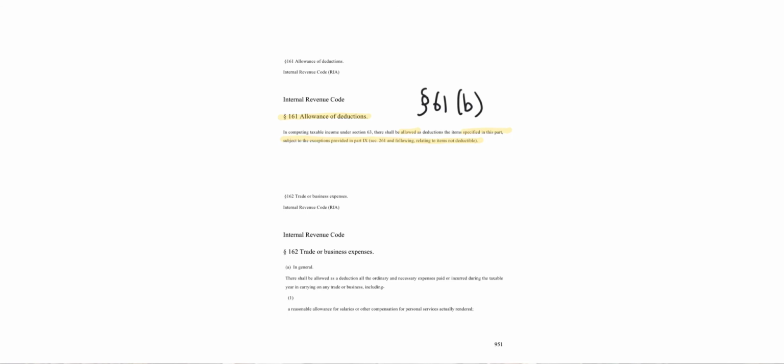Well, section 161 says, okay, for deductions, we start here below at section 162, at this part 6. And then we look at all the deduction provisions, part 6, part 7, part 8. And there's other deduction provisions in the tax law. But if you do not have a deduction under section 162, so there's no allowance provision, then it's not allowed in the tax return. You're not allowed to get it.